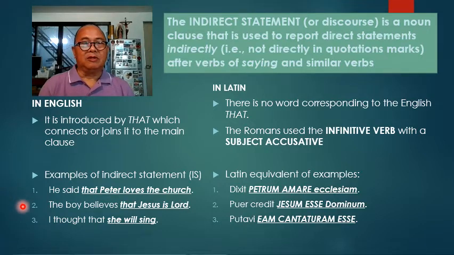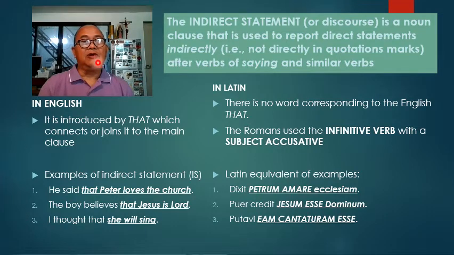Another example, the boy believes that Jesus is Lord. That Jesus is Lord is an indirect statement introduced by that. And I thought that she will sing. That she will sing is the indirect statement.